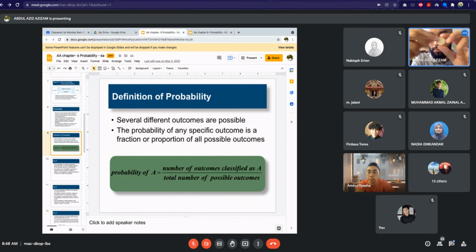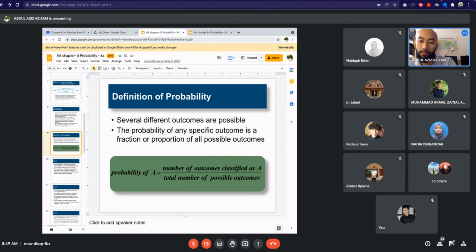Okay, so sekarang I dapat gambar. Okay, probability untuk I dapat, kalau 100 kali I buat, agak-agak berapa yang I akan dapat gambar, berapa yang I akan dapat nombor? Kalau 100 kali. Fasihah, what do you think?